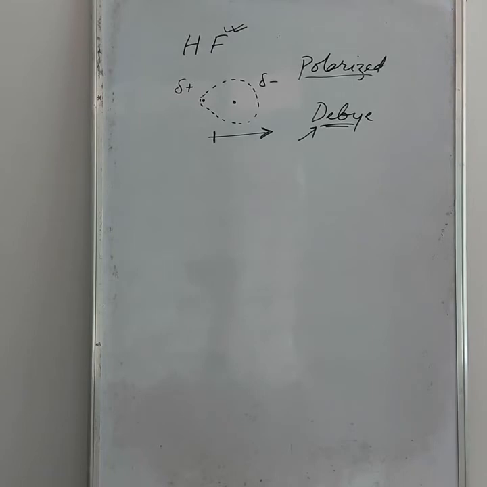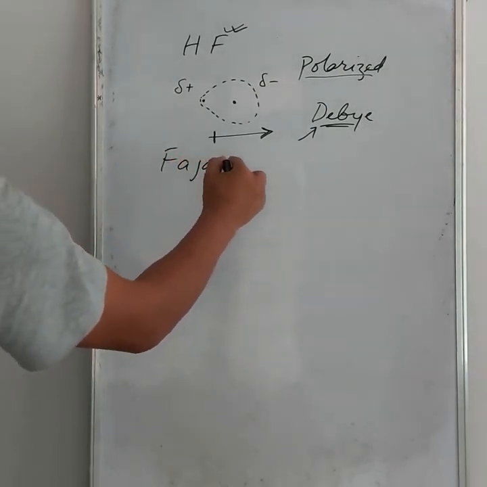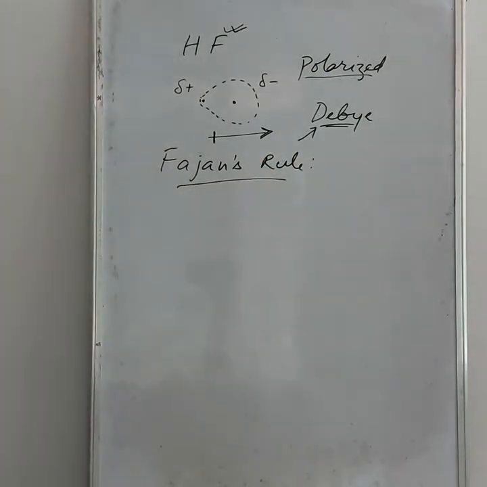Now, this polarizability of different atoms is governed by something called Fajan's rule. It's given in your book. I suggest you look at it. According to Fajan, the size of the cation and the size of the anion are factors in determining the polarizability of a particular molecule.